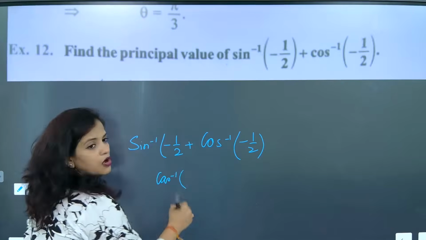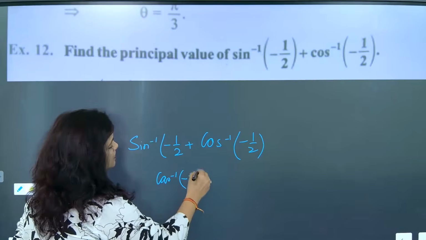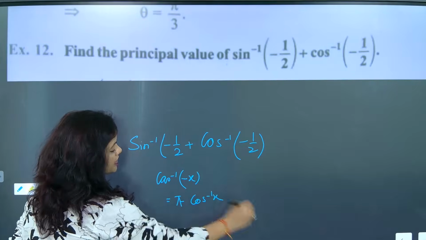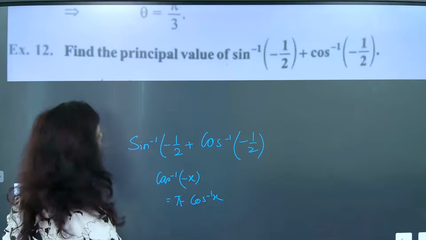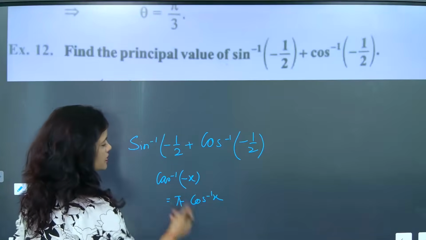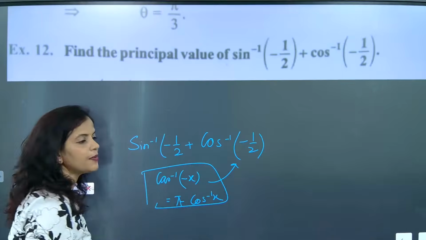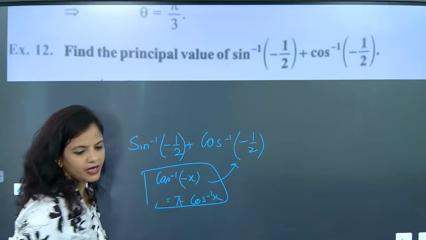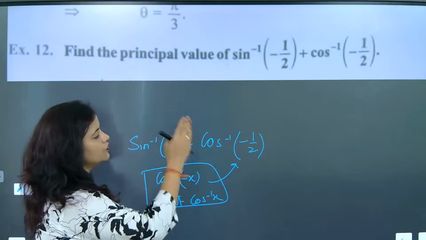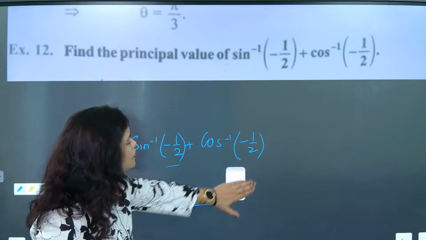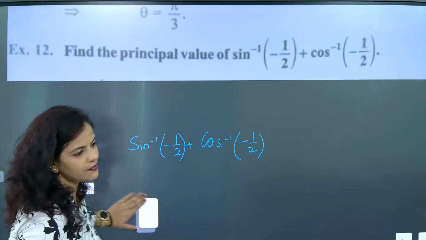Cos inverse minus x will become pi minus cos inverse x. Understood? So this is the formula we are going to use in this section. So sine inverse minus 1 by 2 plus cos inverse minus 1 by 2. I have explained what we are going to do first. The roadmap is ready.